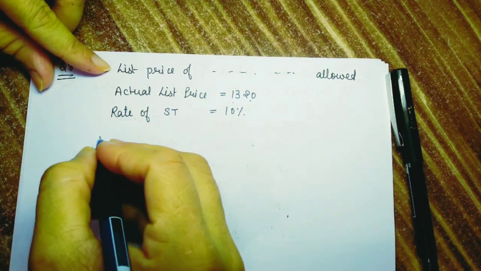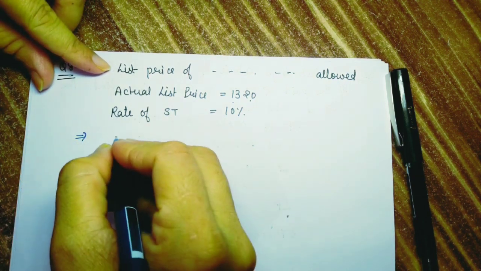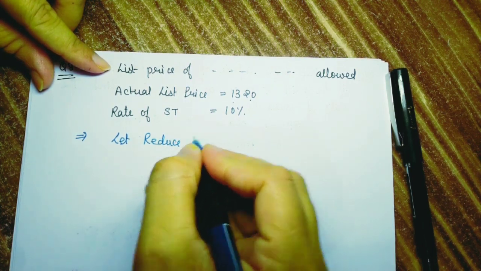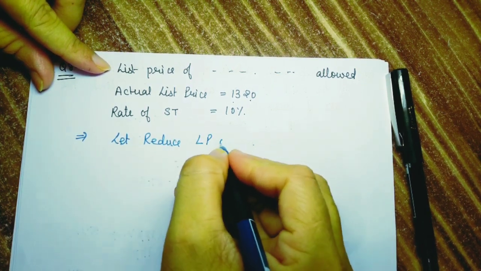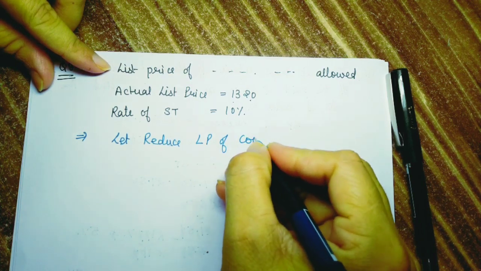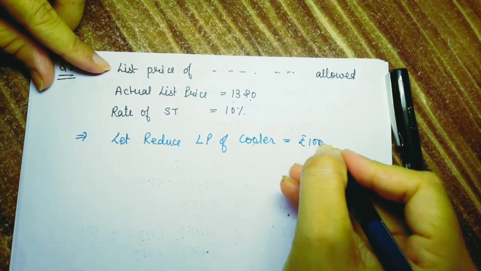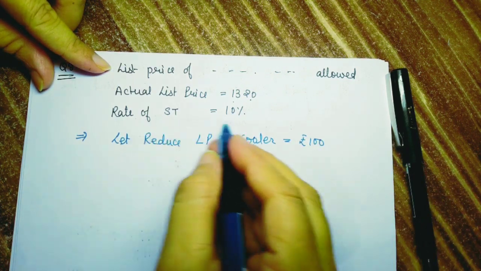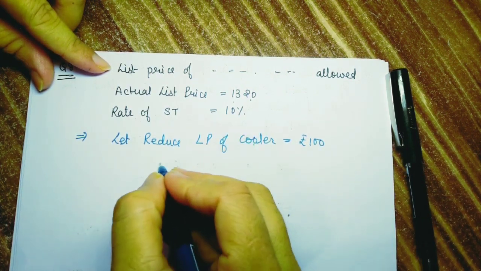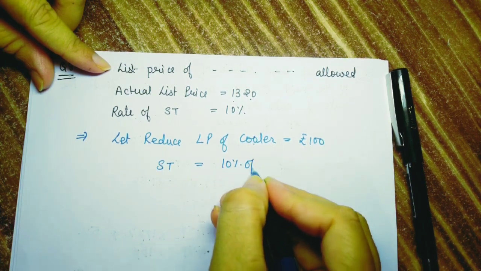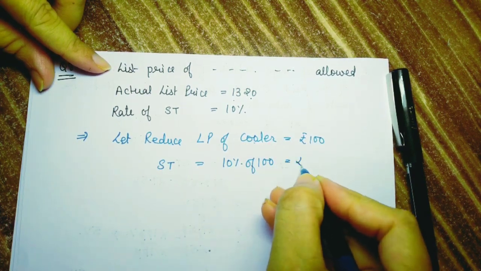To solve this, first we assume the reduced list price is rupees 100, and the rate of sale tax is 10%. So the amount of sale tax is 10% of 100, that means rupees 10 only.